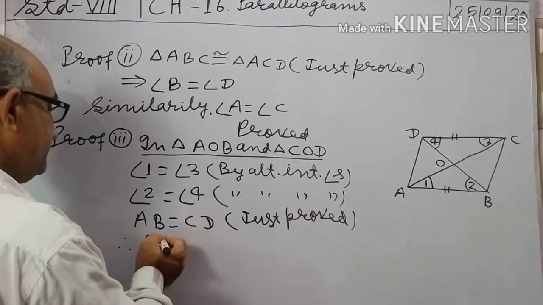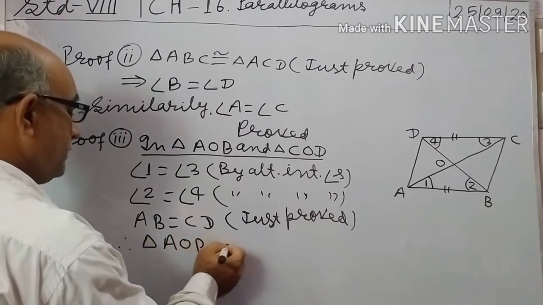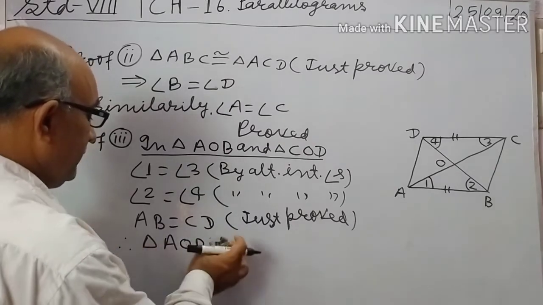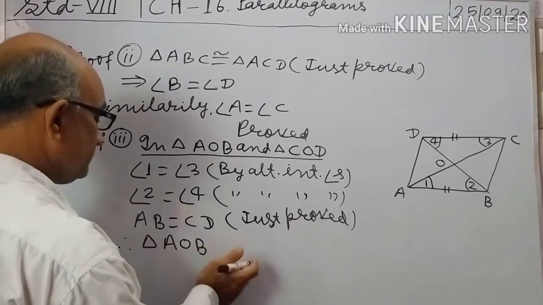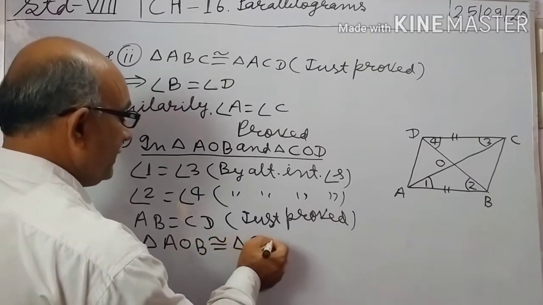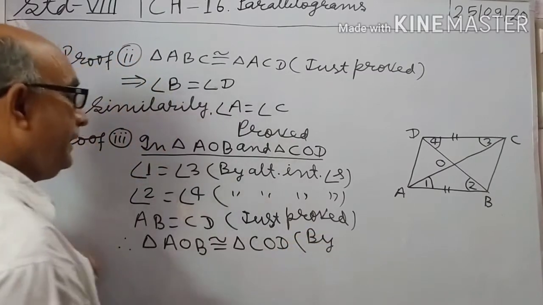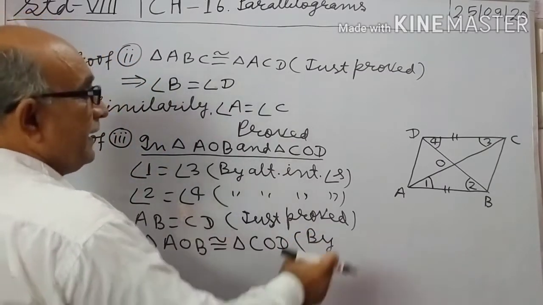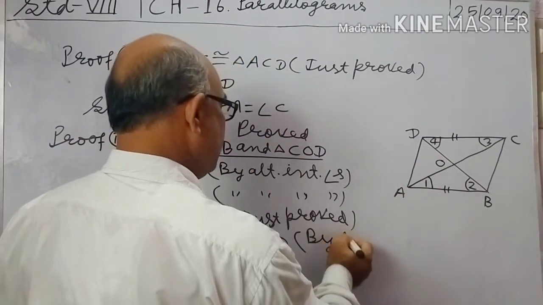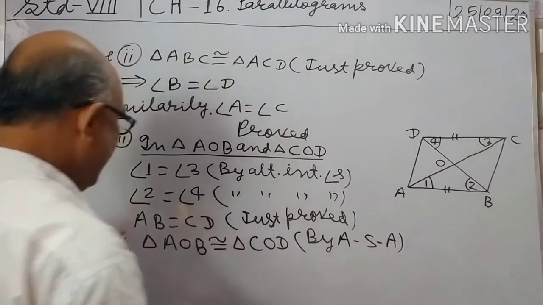Therefore, triangle AOB is congruent to triangle COD by angle side angle.